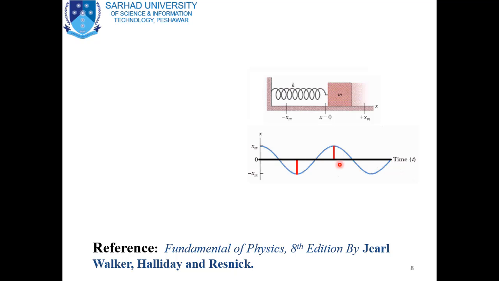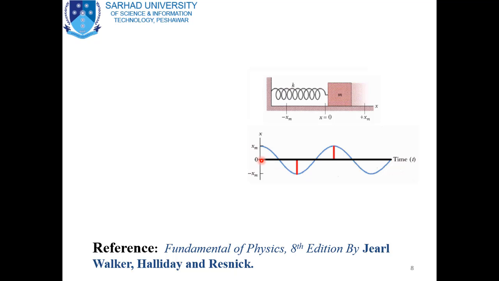The upside of this figure is taken as positive, so this distance is the same as this one, and for the negative displacement, on the left hand side of the mean position, the maximum displacement is this red line, which is vertically downward.